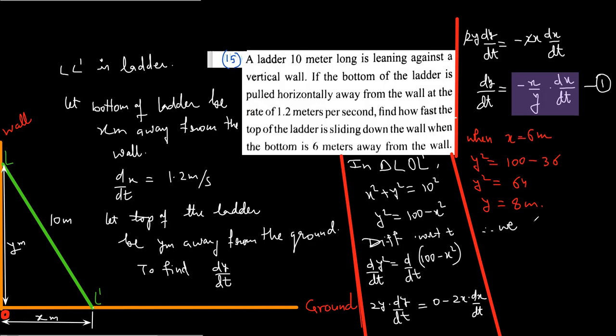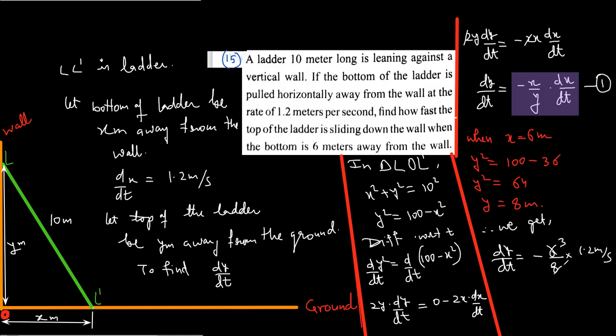Therefore, we get dy by dt equals to negative x is 6 meter, y is 8 meter, meter cancel, and what is dx by dt? Dx by dt is 1.2 meter per second.